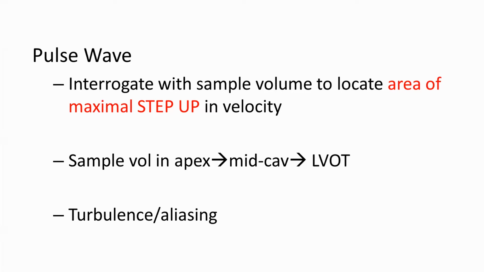So how do you manage that? Well, the important thing to do when you're looking with pulse wave is to put your sample volume in the apex and then walk your way down to the LVOT, and you watch the pulse wave velocity increase, and that's called the step up. And where you get the point of rapid step up is where the significant obstruction is.